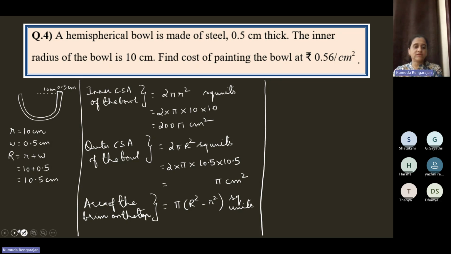What's the answer here for the second one? Still working? What is 2 into 10.5 into 10.5?